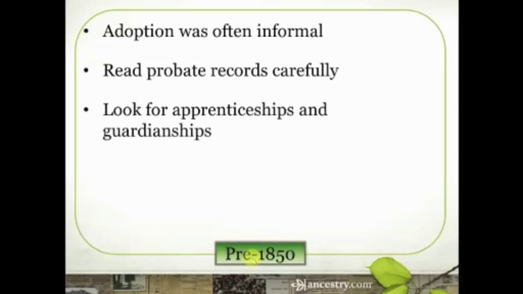Sometimes a child may have been apprenticed out to a biological father or grandparent. Look for those guardianship records. If a father died and a mother couldn't afford or was not in a legal position to take possession of the inheritance, who was assigned as the guardian? Who is it that they are guardian for?